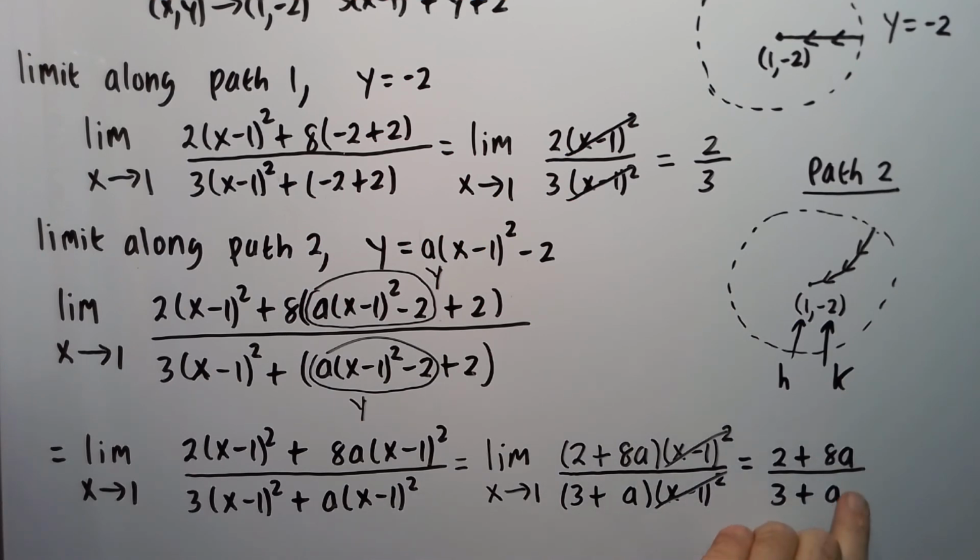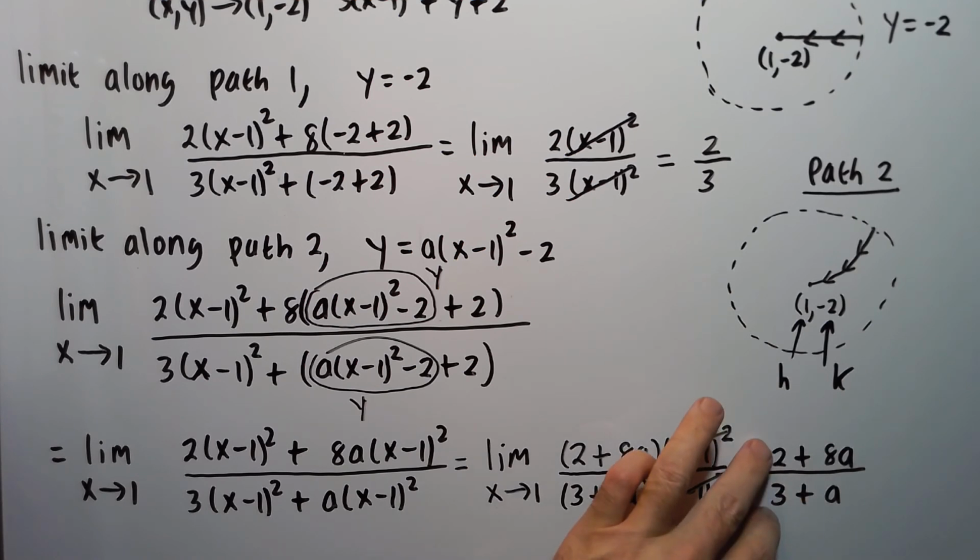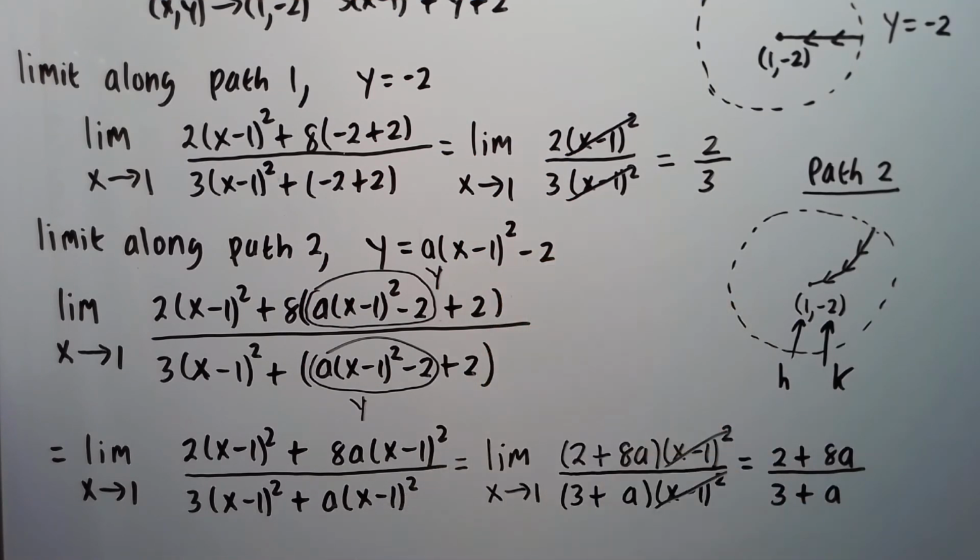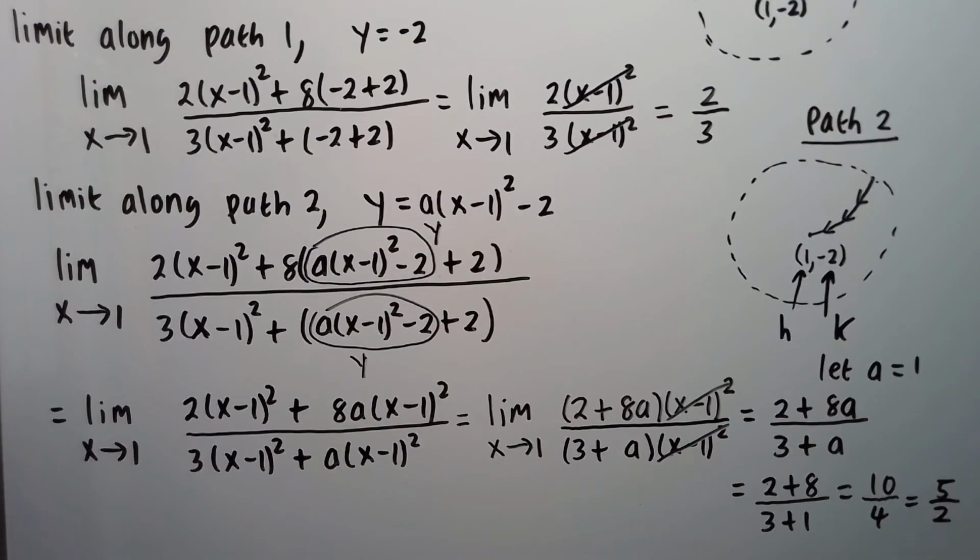So we have freedom over the choice of a here. If we chose a to be 0, it would become 2/3, the same as the answer up here. But I can choose, say, a to be 1. Letting a equal 1, you'll have 2 plus 8 over 3 plus 1, which is 10 over 4, which reduces to 5/2.